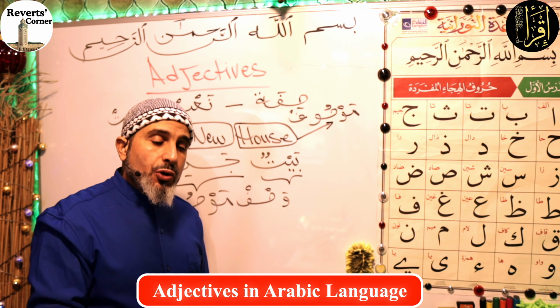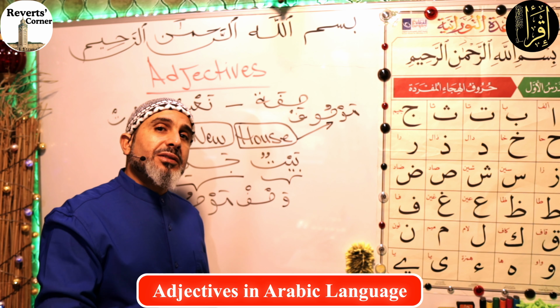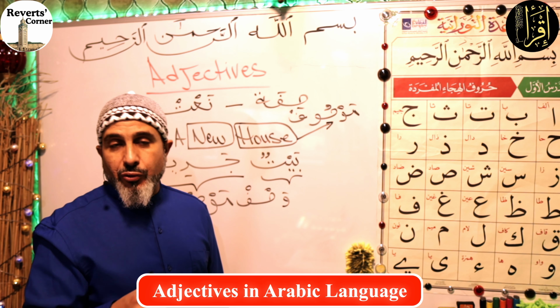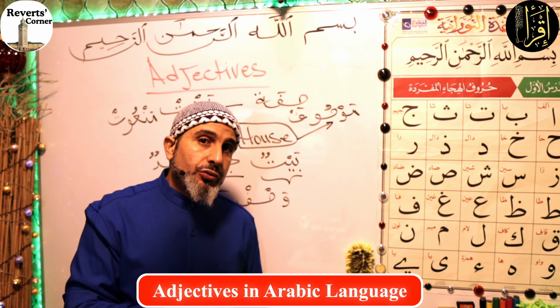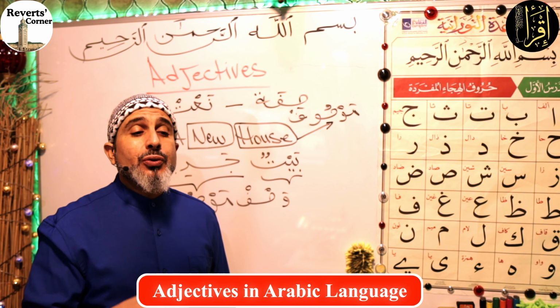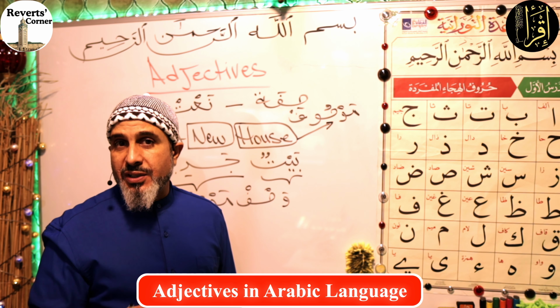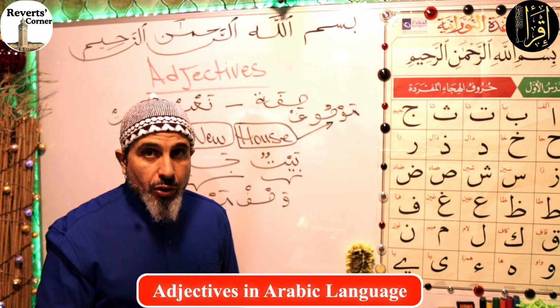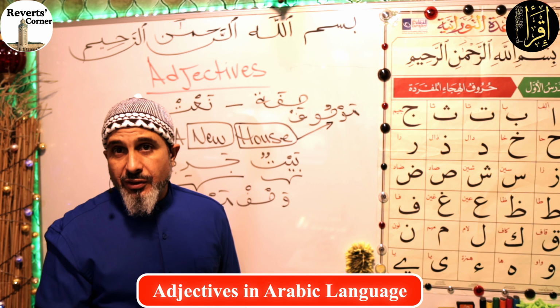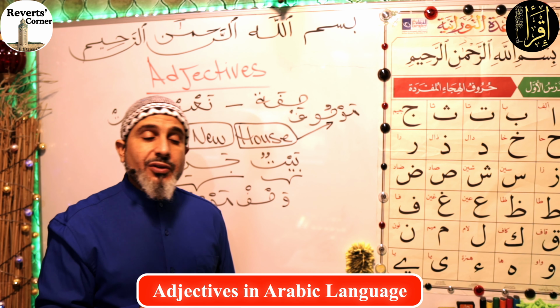If the man'oot is marfu', nominative, then the nat should be marfu', nominative as well. If the man'ut is mansoob, accusative, then the nat should be mansoob as well. If the man'ut is majroor, genitive, then the nat should be majroor, genitive as well.